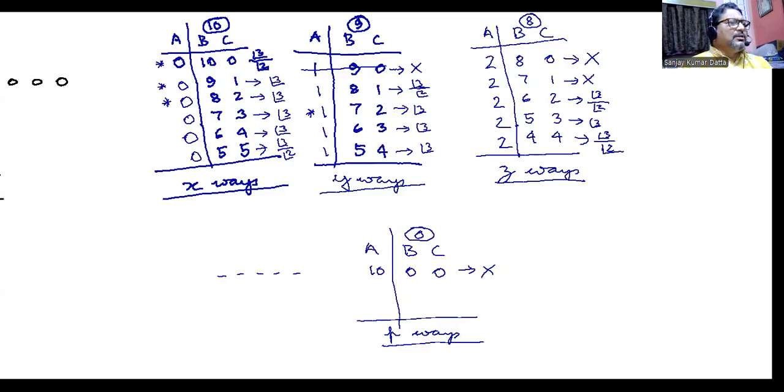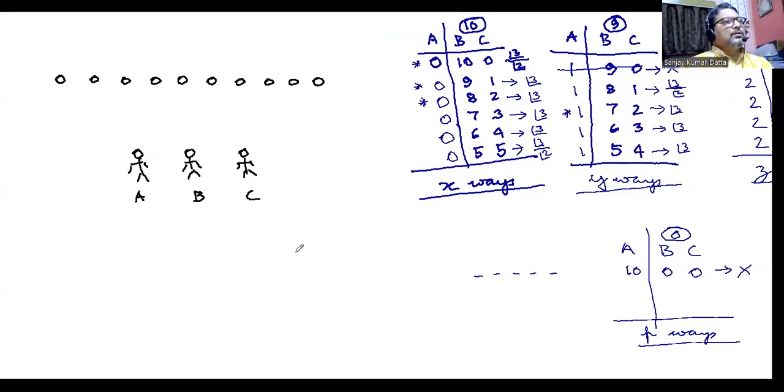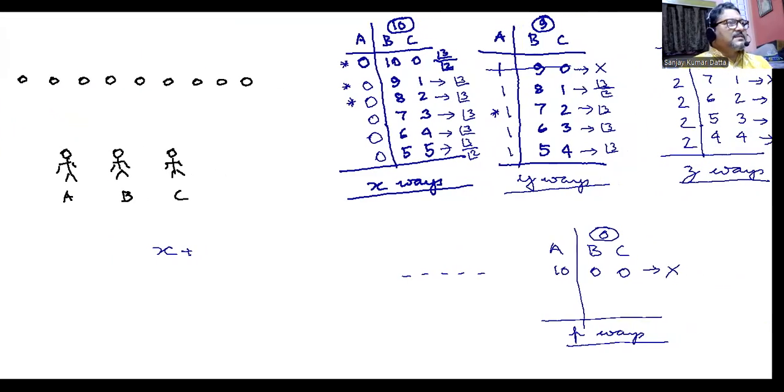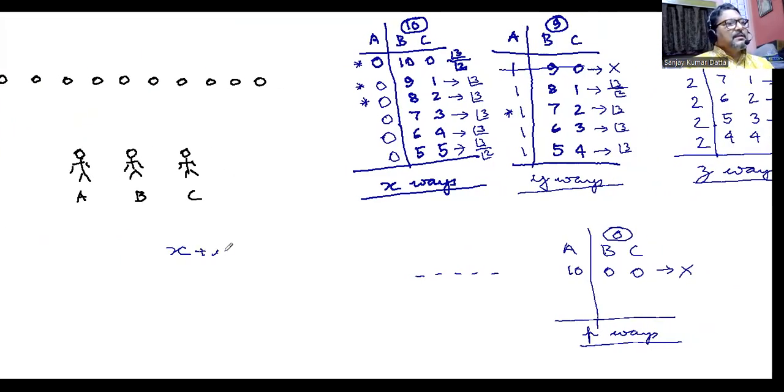So we can jolly well say that the total number of ways in which 10 identical marbles can be distributed among 3 boys so that a boy may not get a marble can be said to be X plus Y plus Z plus dot dot dot and ends with P. And mind it, ladies and gentlemen, this would give us the absolutely correct answer.